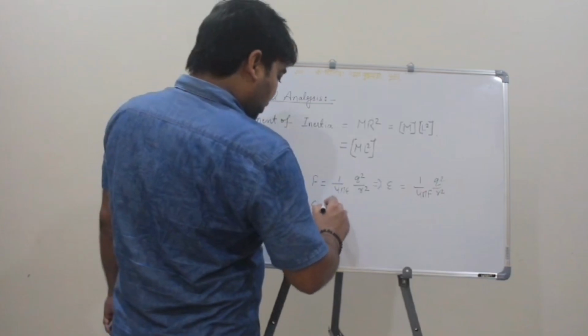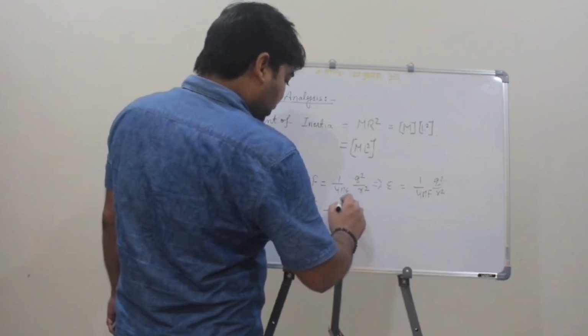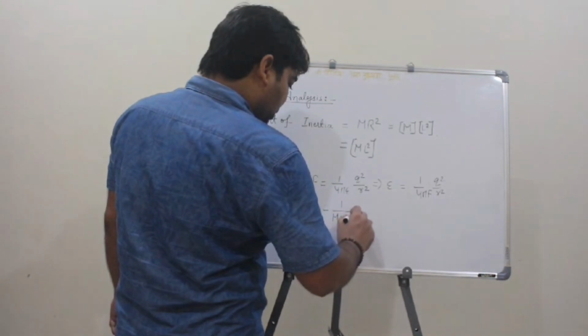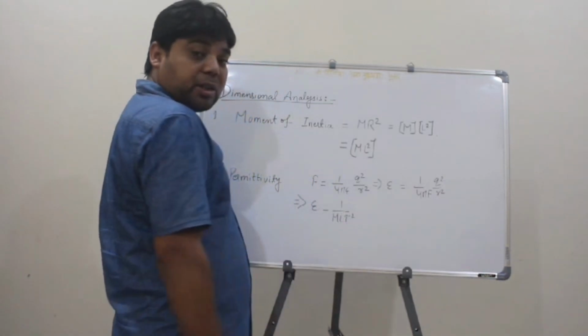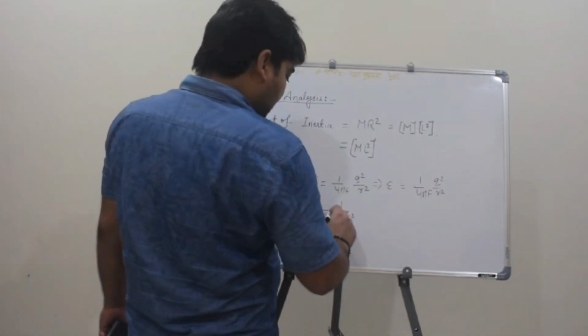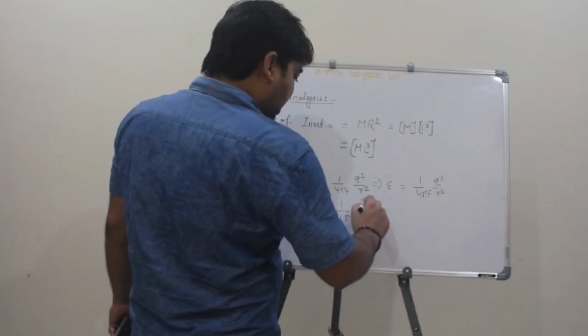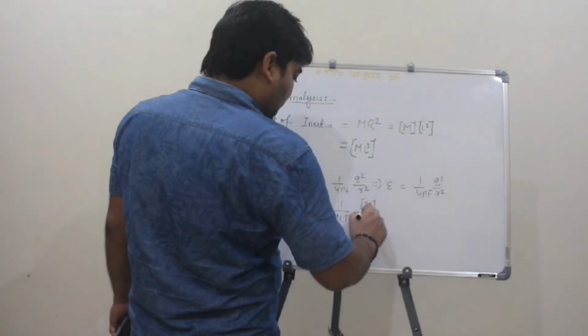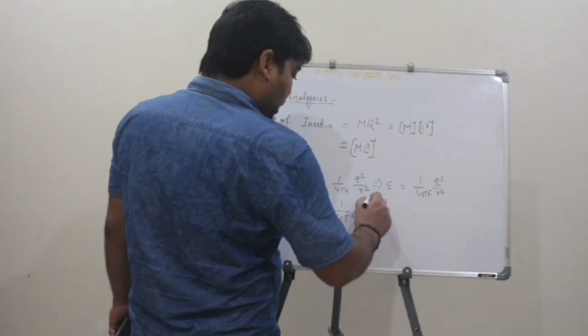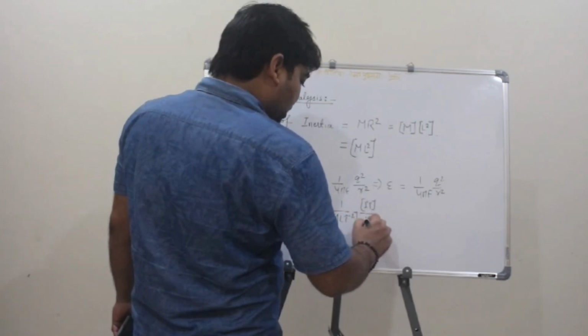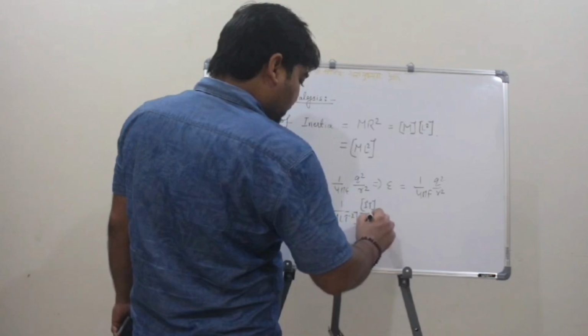So using that, the force has a dimension, as we know, MLT to the power minus 2, which is mass multiplied by the acceleration, and q is something we have already discussed, and then r square is nothing but the length square.